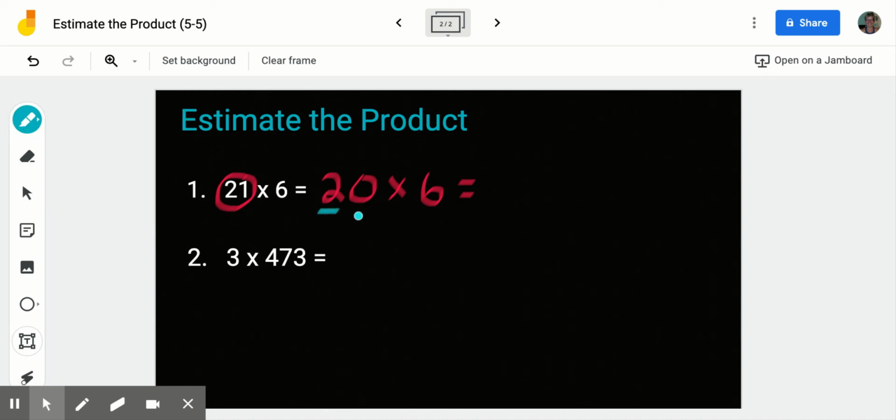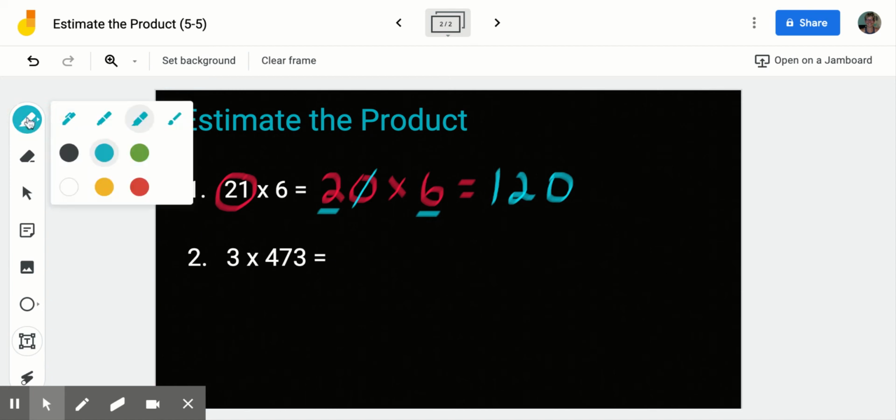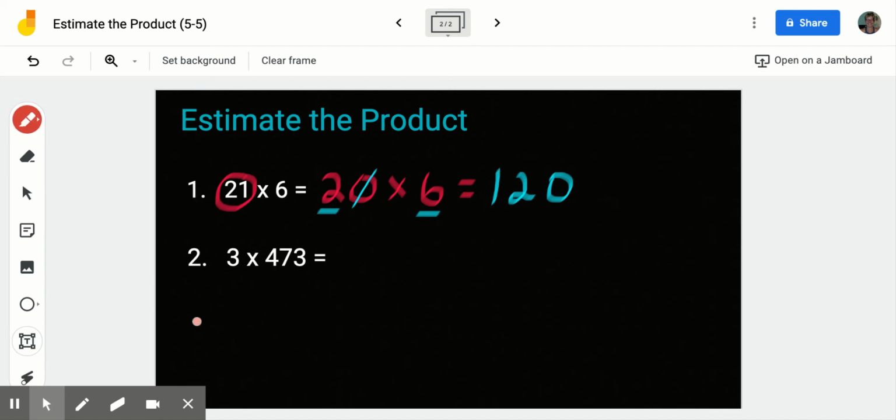So here I have my underlining. 2 times 6 is 12. And I'm going to take this 0 and bring it over here. So when I estimate to find the product of 21 times 6, my answer is going to be close to 120.